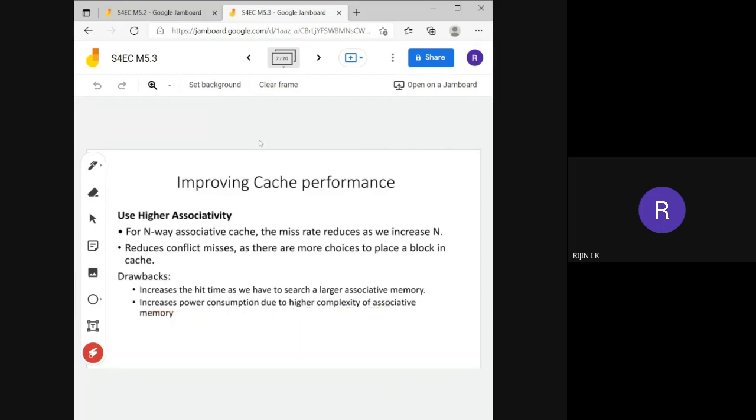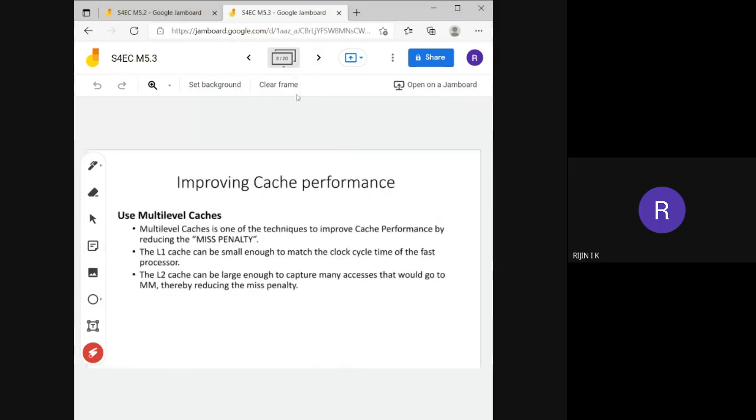Then next is use of multi-level cache. That will also improve the cache performance. Multi-level cache means level 1, level 2, level 3. Multi-level cache is one of the techniques to improve cache performance by reducing the miss penalty.